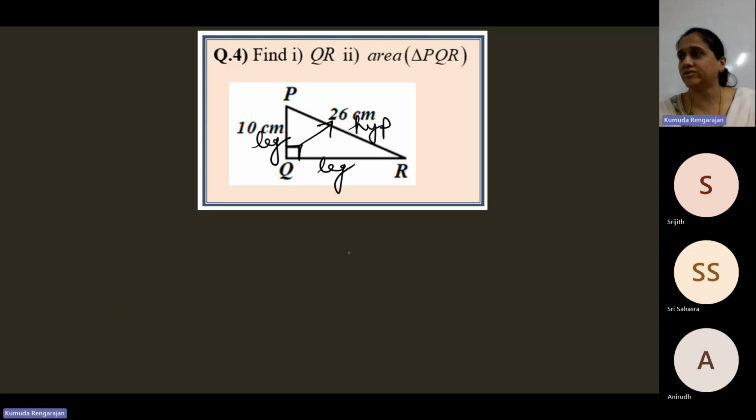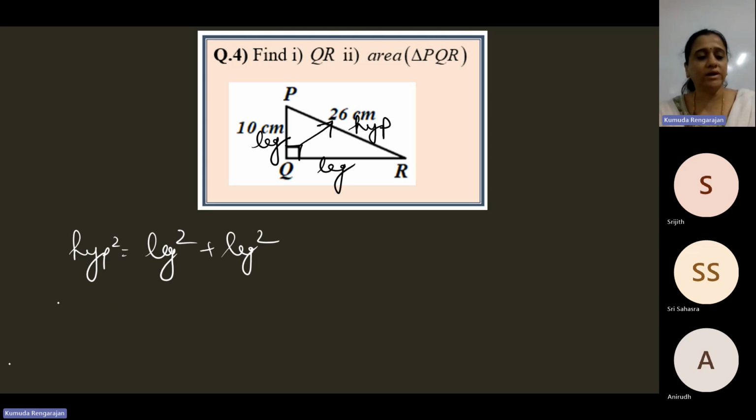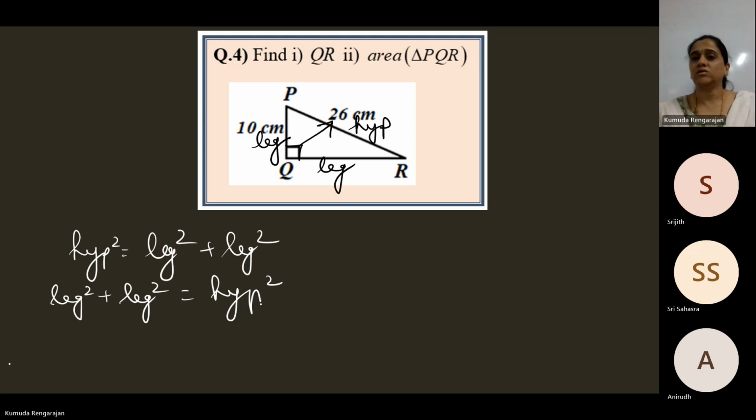You can write it either way. You should have the square of the hypotenuse alone on one side. It should not be combined with anything else.